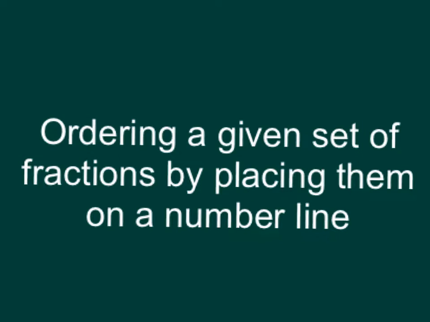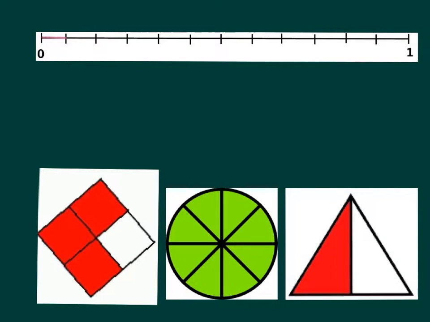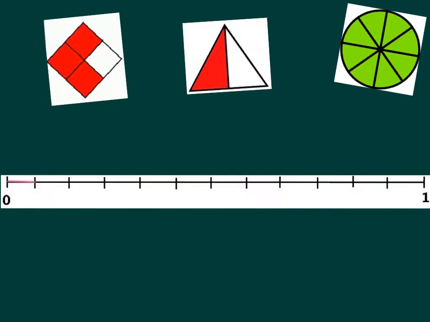Next, we will be looking at fractions and ordering them so that they can fit on a number line. So here we have a number line that goes from 0 to 1, and then we have 3 fractions. So these 3 fractions represent 3 out of 4, 1/2, and 8 out of 8.